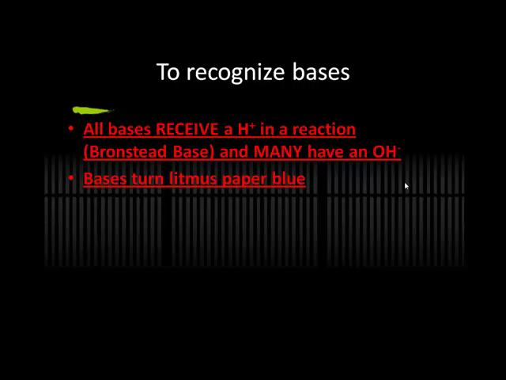If you take that same litmus paper that turns red in acid and put it into a liquid that's a base, it actually turns the litmus paper blue. So, an easy way to remember that: blue, blue, base. Litmus paper turns blue in base.